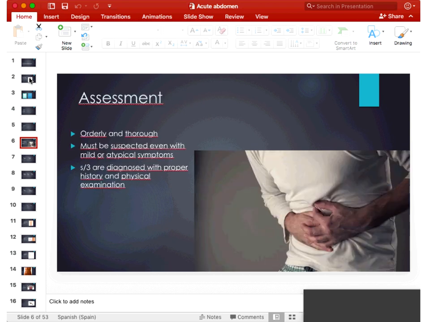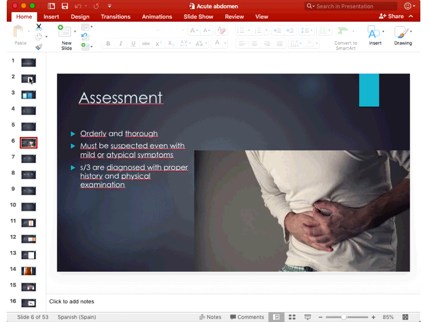As I told you earlier, you have to be very organized in your assessment. You have to be very thorough, and you have to suspect it even with mild or atypical symptoms. A third of the acute abdomens presented in the emergency department or even at the physician's office are diagnosed with a proper history and physical examination.